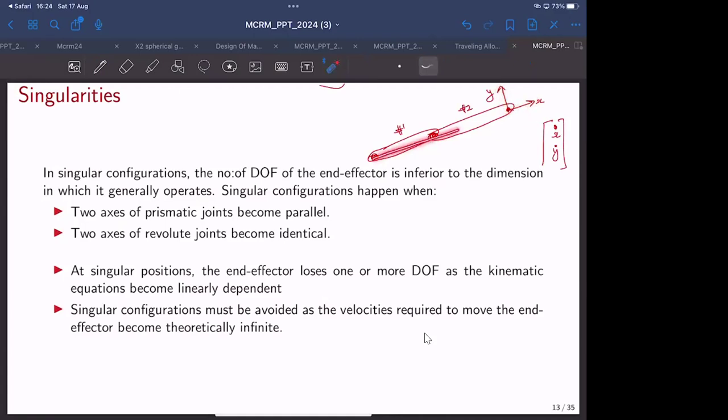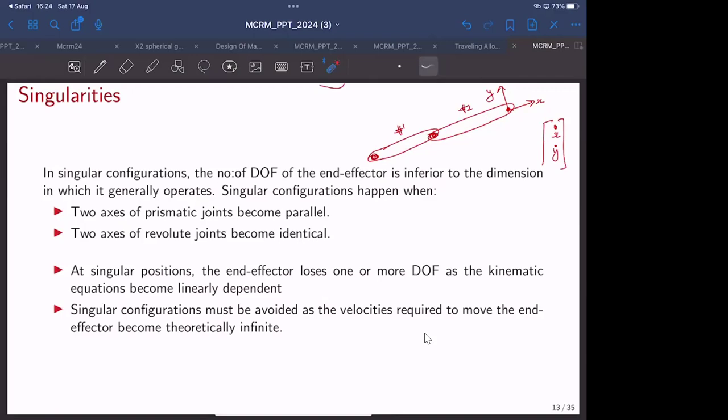But when an arm is fully stretched like this, it cannot have a velocity along this direction, right? Because you can see it for yourself. If you fully extend your arm, is it possible to exert a force that is parallel to your arm? That is not possible, right?